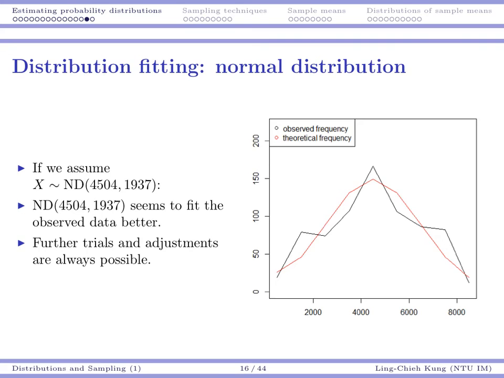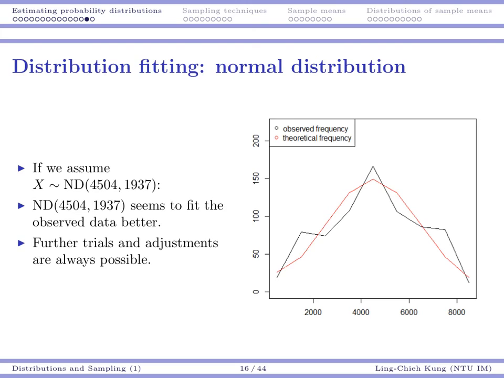And then I may again plot the observed frequency and the theoretical frequency. The red one is the theoretical frequency if that particular random variable follows a normal distribution. In that case, we would see, oh, they look somewhat similar.